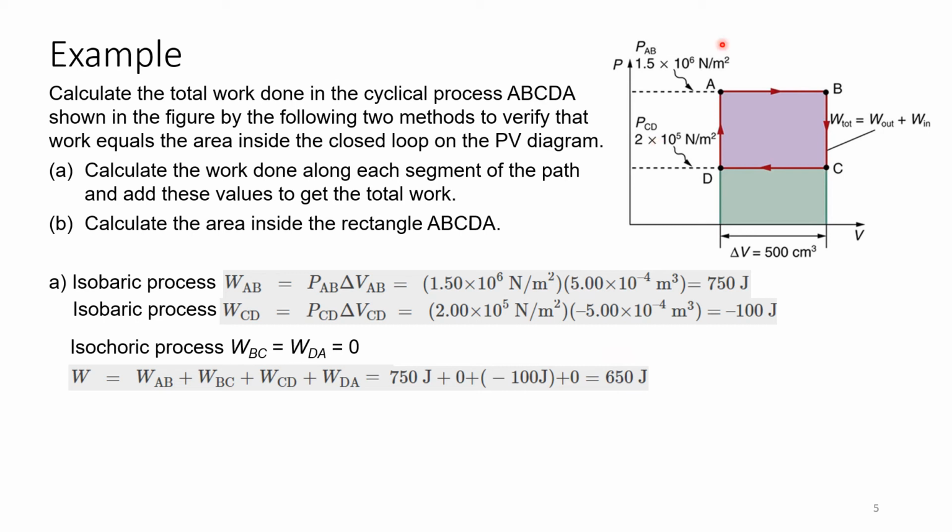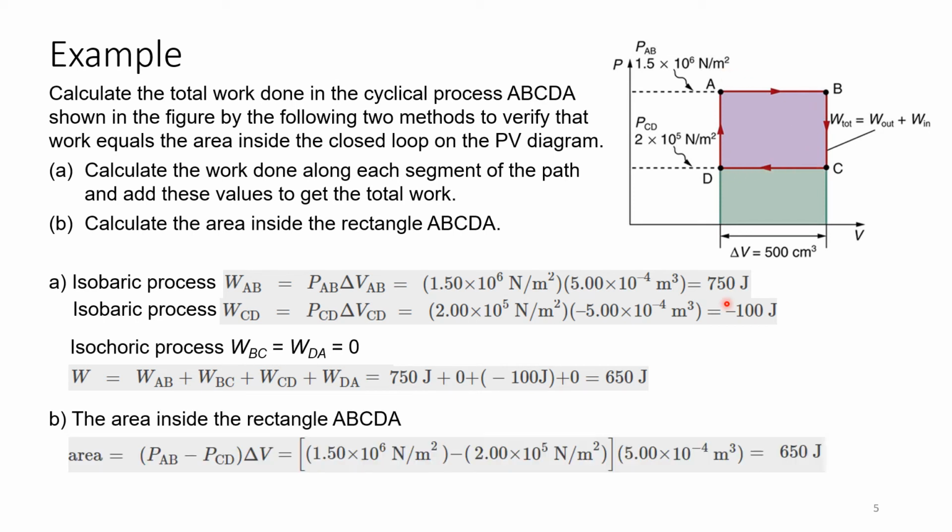If we just consider the area inside this rectangle A, B, C, D, A, the area equals its height times its width, which is P_AB minus P_CD as the height, times delta V as the width, and we get 650 joules.